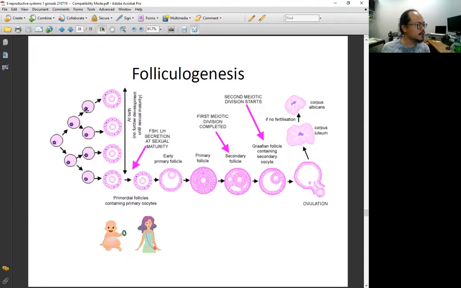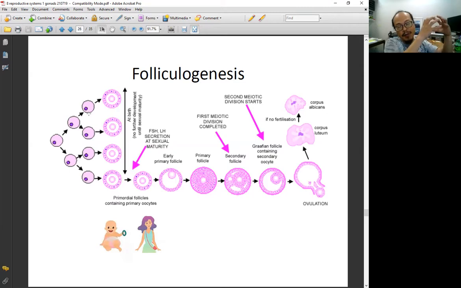Consider this is the oogonia. Each one will conduct mitosis. We have over 100 million before birth. So this is birth. And before birth, each of these oogonia will be a lot, and each one will become a primary oocyte.